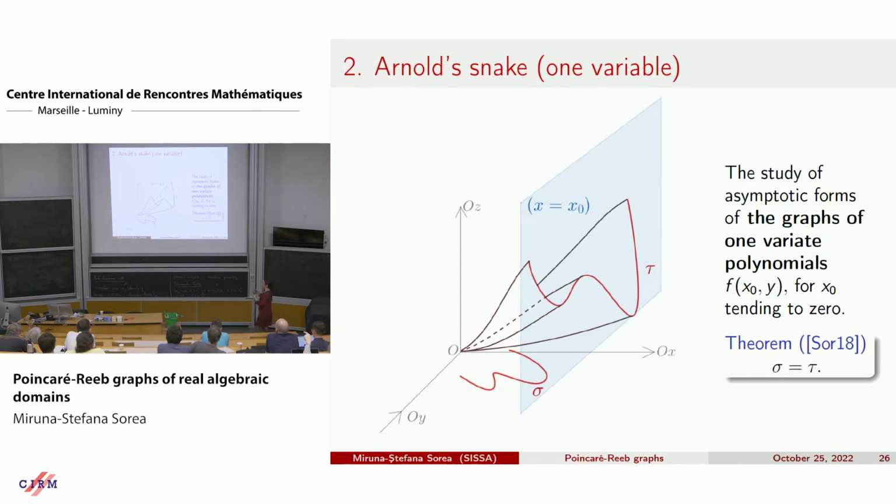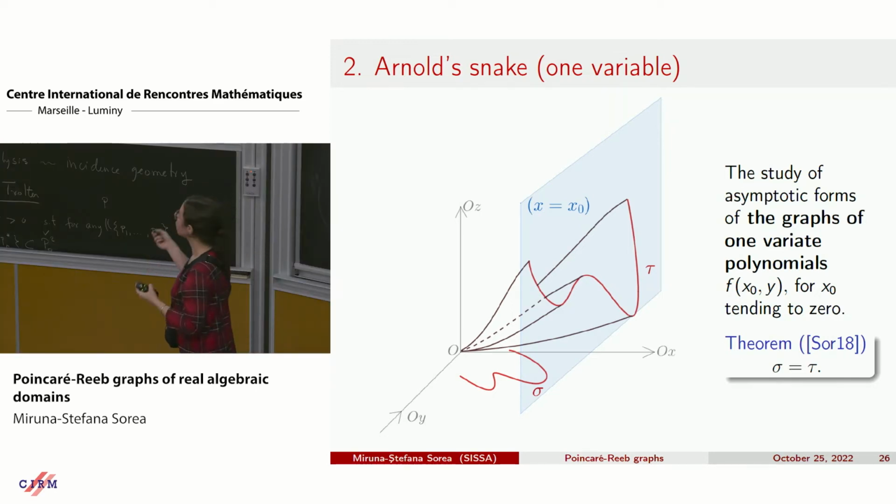And now if you consider the graph of f, you cut it with the vertical plane x equals x0, for an x0 small enough positive, then you see that this graph here is actually the graph of the univariate polynomial that only depends on y. And for a sufficiently small x0 here, actually this is a Morse polynomial, f x0 y. And even what is very interesting is that the two shapes are the same. So you can say that the two permutations are equal, sigma equals tau.